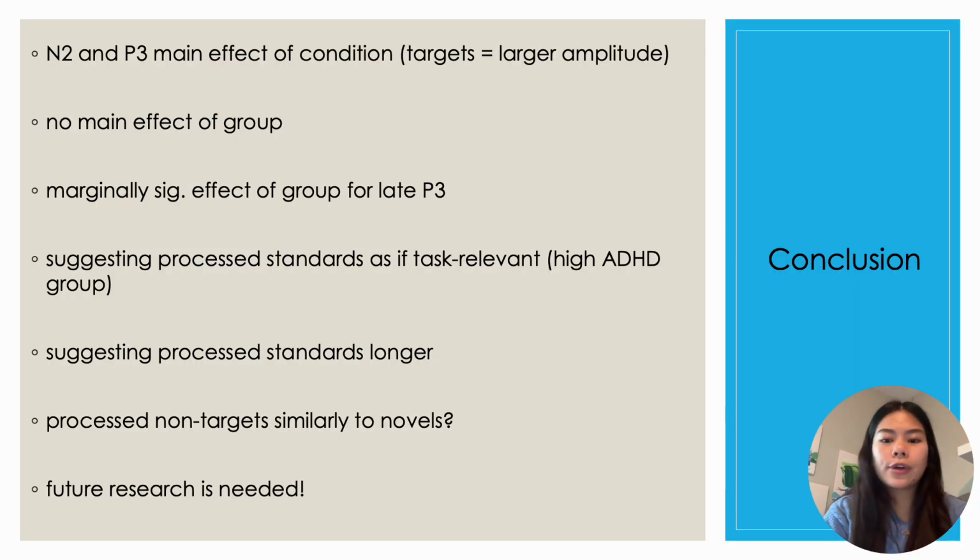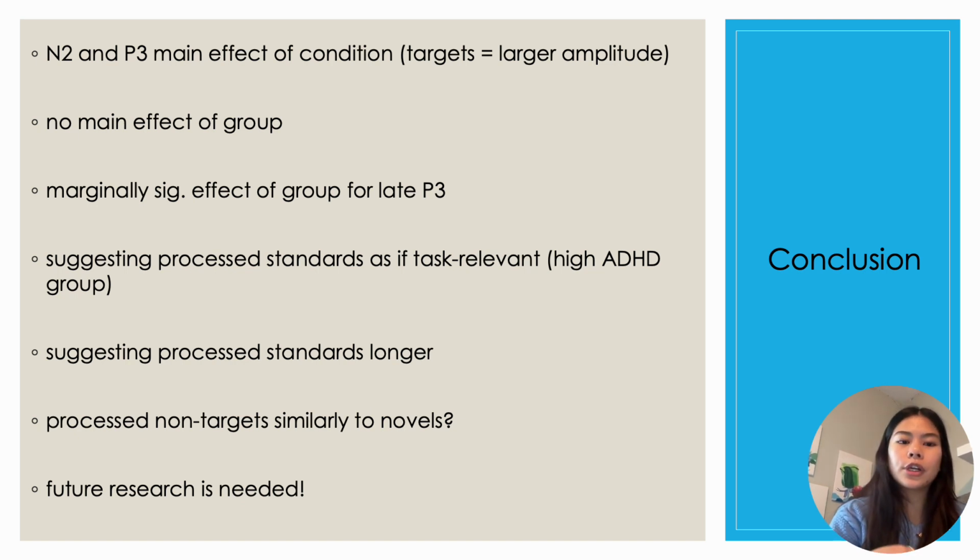Again, I want to reiterate my results regarding the N2 and P3. There was a main effect of condition, the N2 to novel stimuli and the P3 to target stimuli, and this was apparent for both ADHD trait groups. There was no main effect of group, and there was a marginally significant effect of group for the late P3 time window happening between 500 and 600 milliseconds.